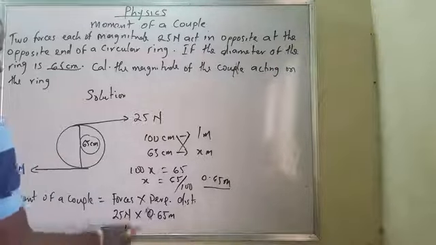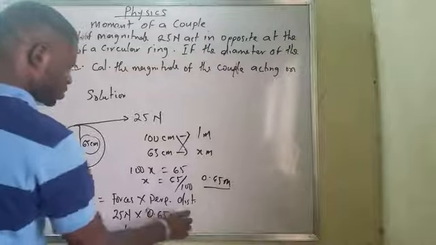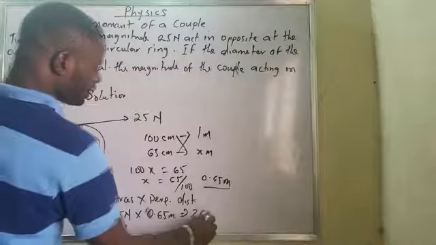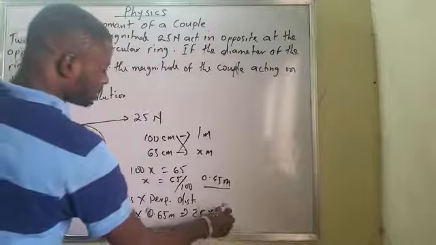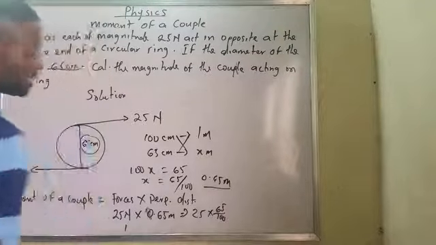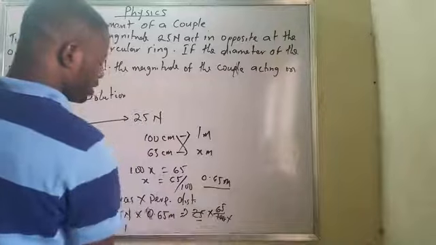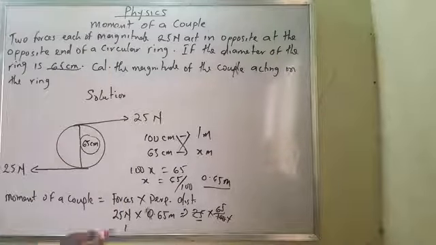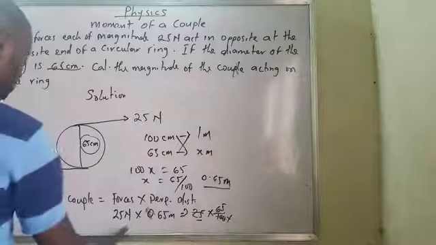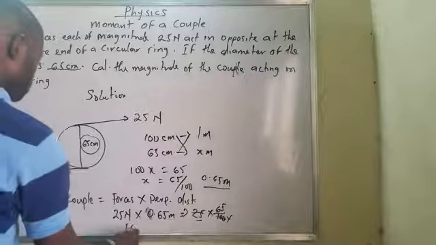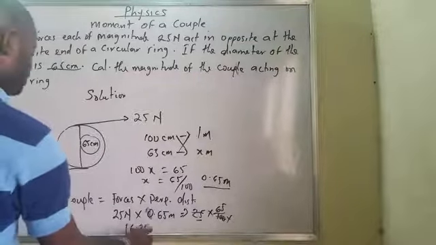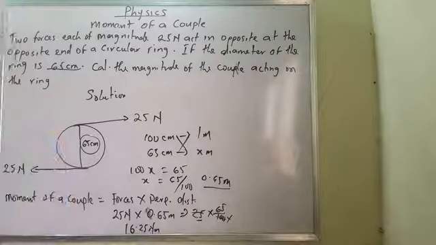I can even say it this way, which implies 25 multiplied by 65 divided by 100. You are saying the same thing. I can now divide further, which gives 16.25 Newton meter. That is all about that.